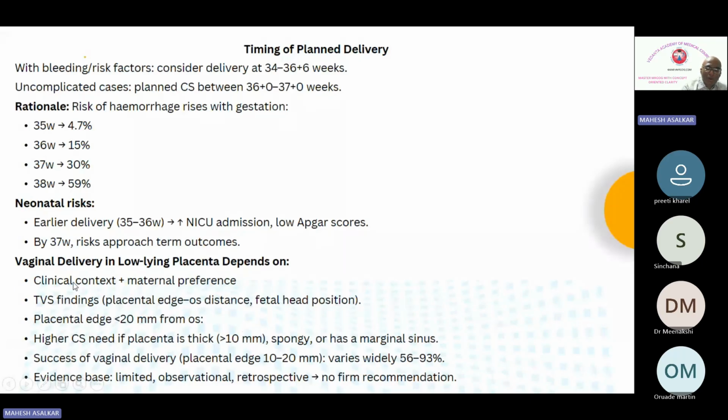So if these features are there on ultrasound, there are higher chances of cesarean section even in low-lying placenta. Vaginal delivery is an option, but higher chance of cesarean section if your placental edge is thick or has a marginal sinus. Success of vaginal delivery with placental edge around 10 to 20 millimeter varies between around 60 to 90%.